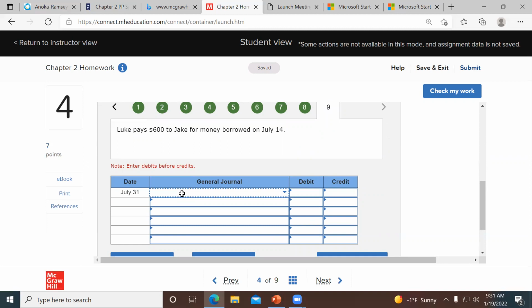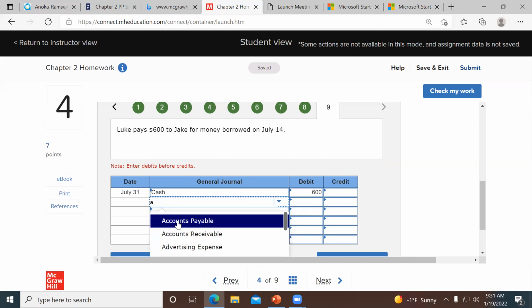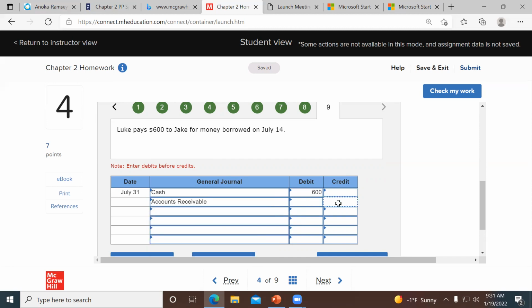Accounts receivable is credited, but what gets debited? Cash. Cash gets debited and accounts receivable gets credited.